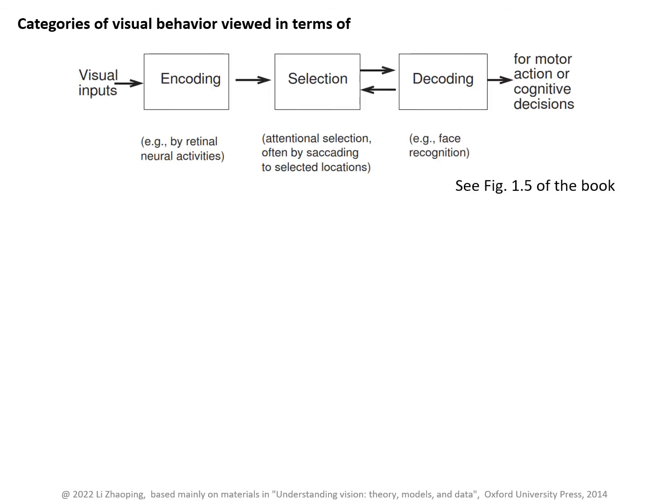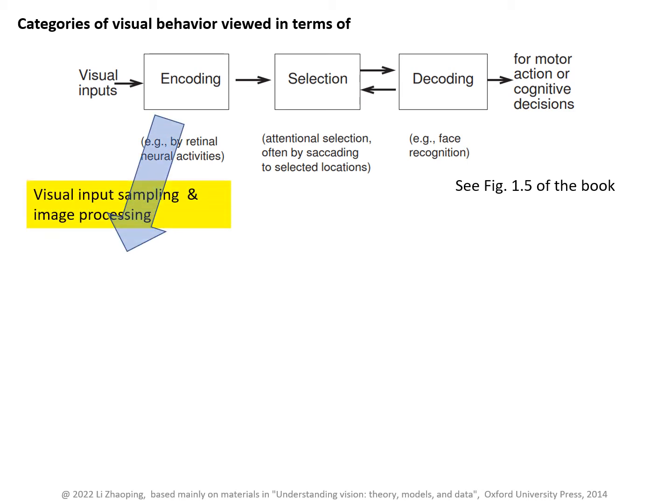From the perspective of viewing vision as composed of these three stages, encoding, selection, and decoding, we could list some example behavioral findings according to how they may manifest these three stages. So, in this perspective, encoding is associated with sampling or image processing of visual inputs.